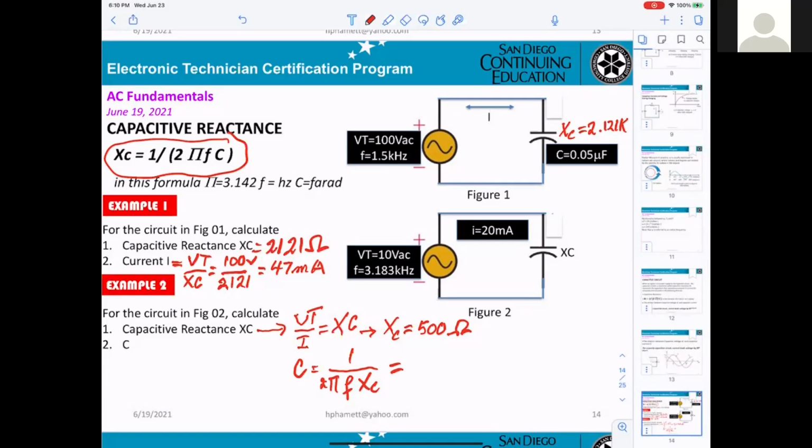I got that too. 0.1 microfarad. Yeah, it is. Okay, so someone got 21 microfarad? No, it's 0.1 microfarad. 0.1, right? 0.1 microfarad. Okay.